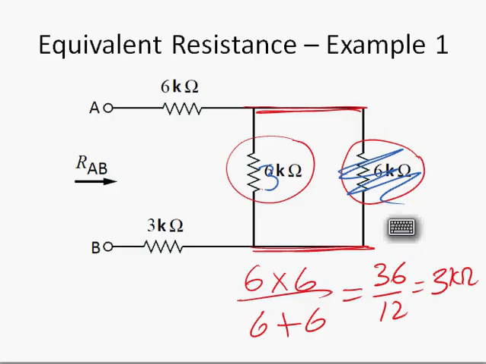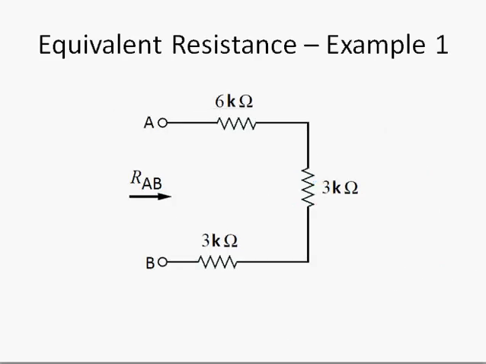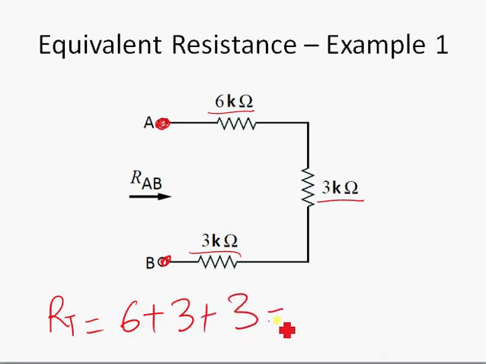So we now have a 6 kilo ohm resistance, a 3 kilo ohm resistance, and a 3 kilo ohm resistance in series. So the total resistance between nodes A and B is equal to 6 plus 3 plus 3, which is equal to 12 kilo ohm.